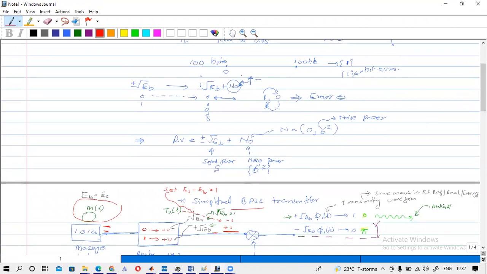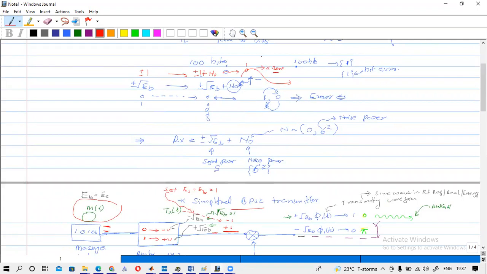We have explained it here, because we transmit plus or minus 1, and we receive plus or minus 1 plus some noise random variable. So we have decoded this first 1 and 0, and it can lead to error, we don't know.